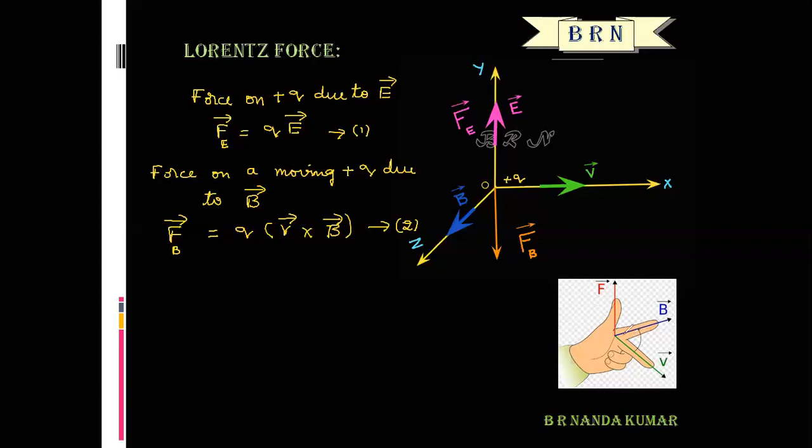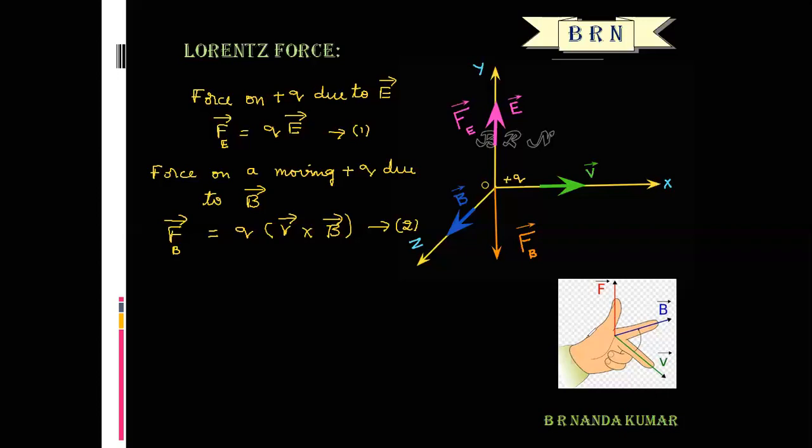Then the forefinger points in the direction of the magnetic field, the middle finger points in the direction of motion of the charged particle, and the thumb points in the direction of the Lorentz magnetic force.